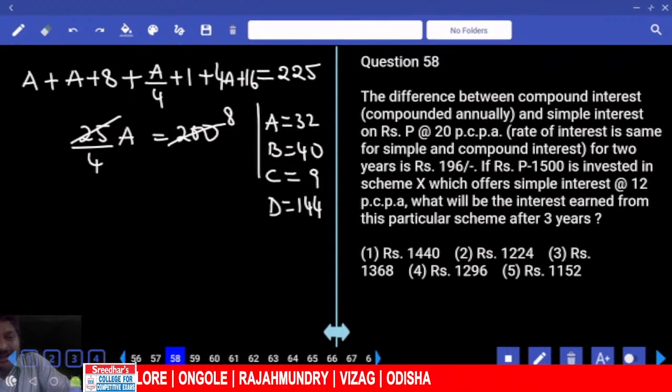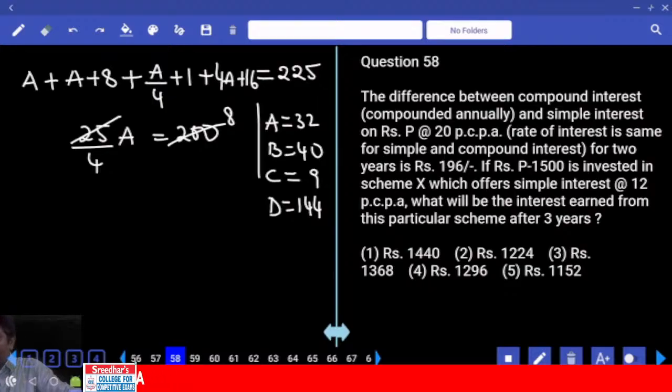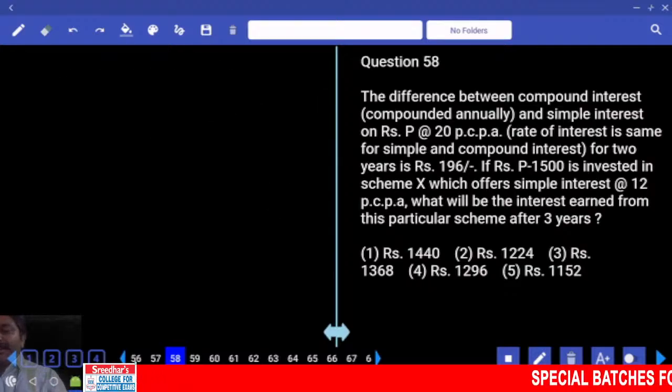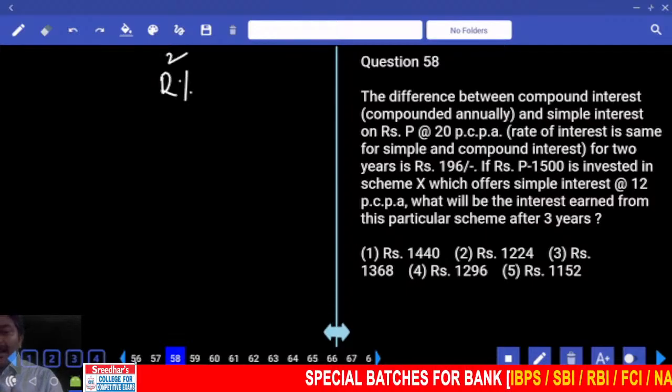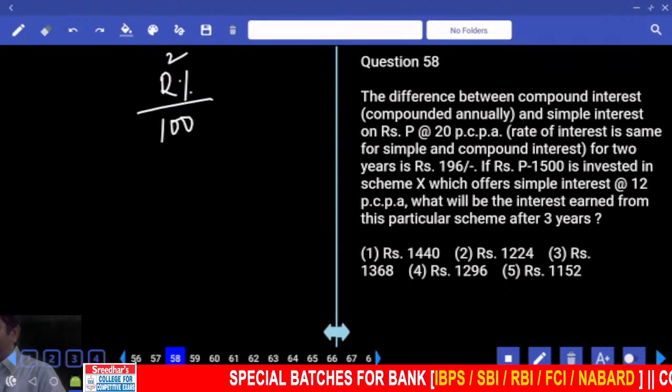The difference between compound interest and simple interest on P rupees at 20% per annum, where the rate of interest is the same for simple and compound, for 2 years is 196. What is the difference between compound interest and simple interest for 2 years if the rate of interest is R% per annum? R square by 100%, correct?